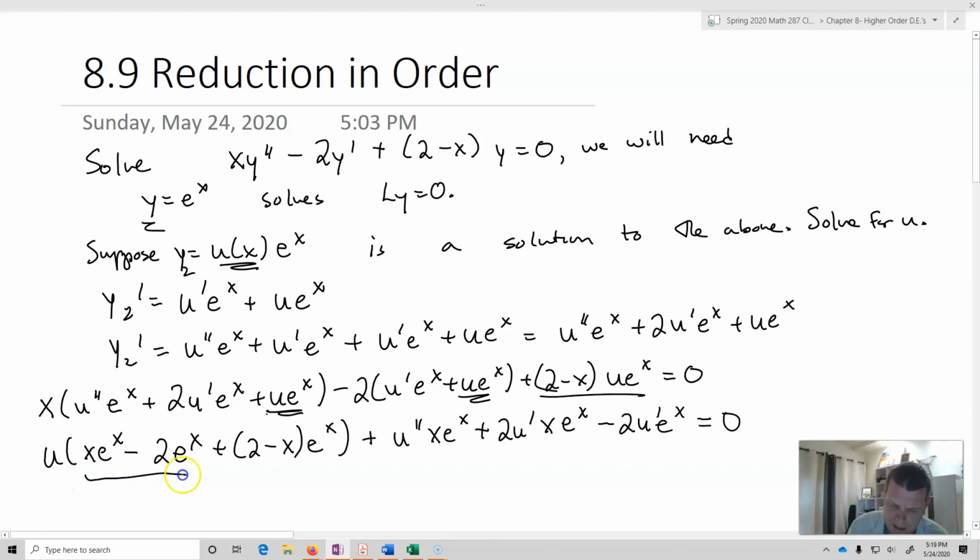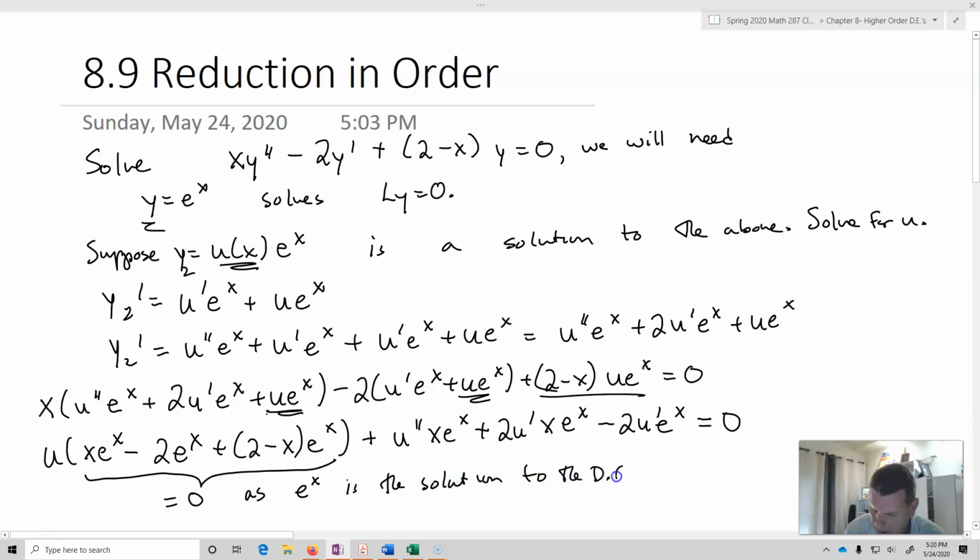Now this whole piece right here equals 0, as e to the x is the solution to the DE. So if I plug e to the x into the original equation up here, I actually solve it.